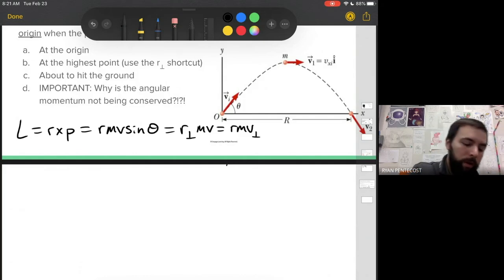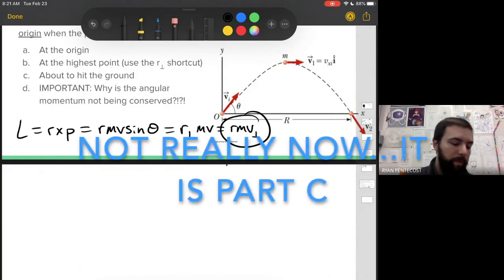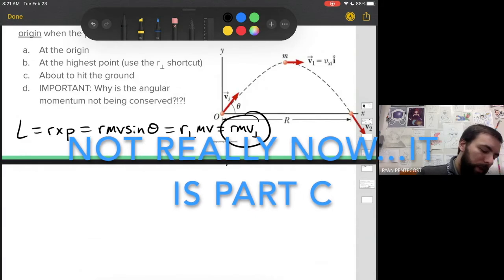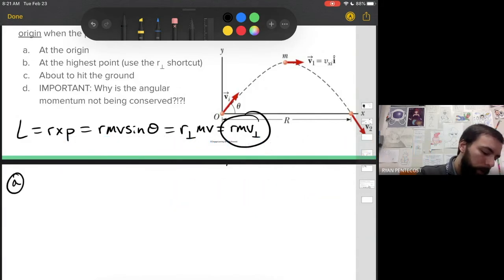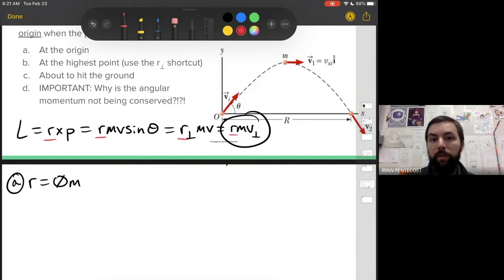And we're going to go into this one now. So first, part A, we are at the origin. That means that our radius is 0 meters. In every single one of these it's radius, radius, radius. If the radius is 0, then it's 0.